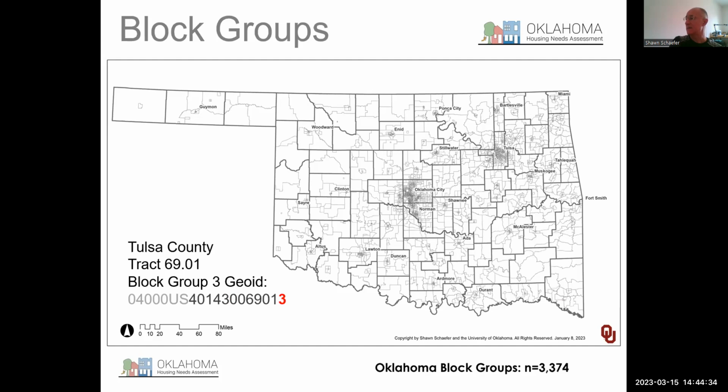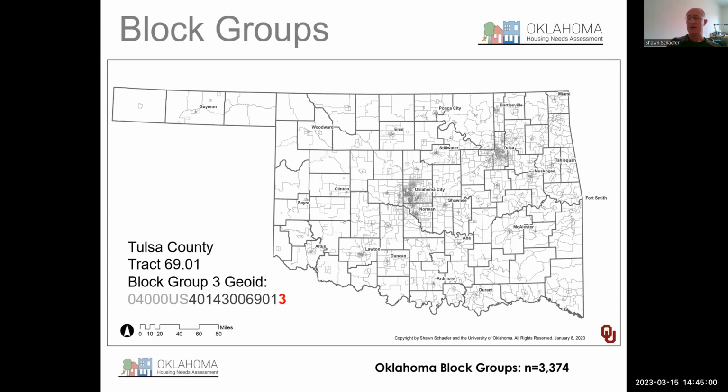Okay, moving on. Census tracts are sometimes broken down into block groups, which are an intermediate category between the tract and the block. I mentioned the block is the smallest level of aggregation, but sometimes they add a block group, and so they'll add one more number to the geo ID to designate the block group.